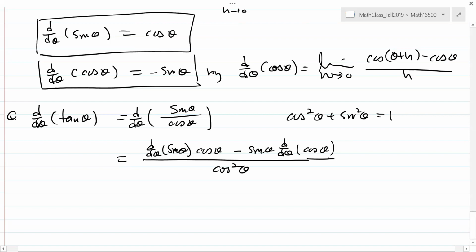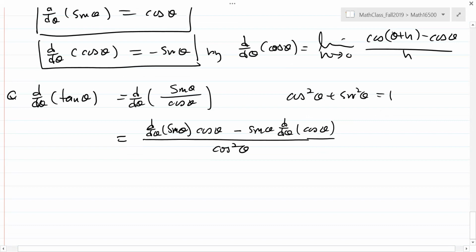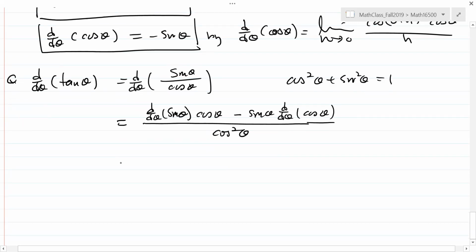You can say they were created by God, but we do not make them, we just discover them. Scientists can only discover things. Engineers make things. There's a difference. You have to make new stuff, create. So the derivative of sine theta is cosine theta. The derivative of cosine theta is negative sine theta.